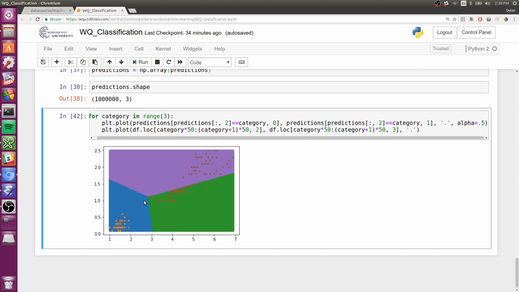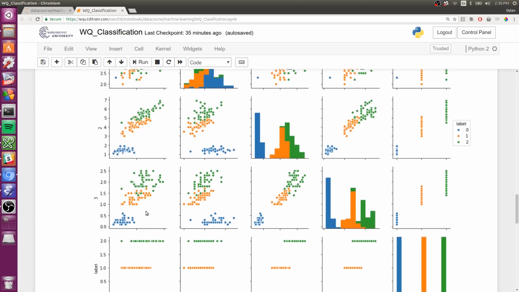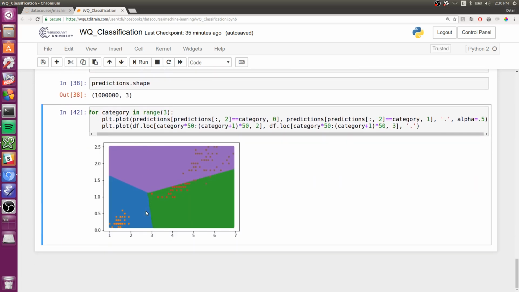These boundaries are formed by the intersection of 3 different equations. And so there needs to be an intersection somewhere.